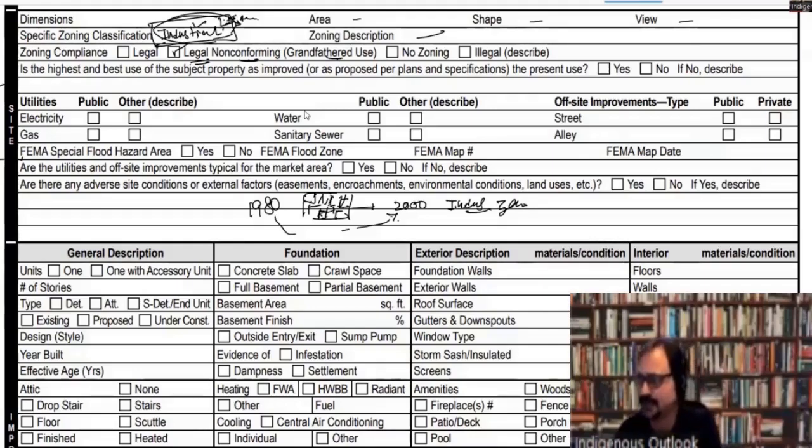But in 2000, when I purchased this land, and in 1980 built a home, the government declared this area as an industrial area. But my home is legal, right? We cannot say they are illegally living in this property. Can we? No.